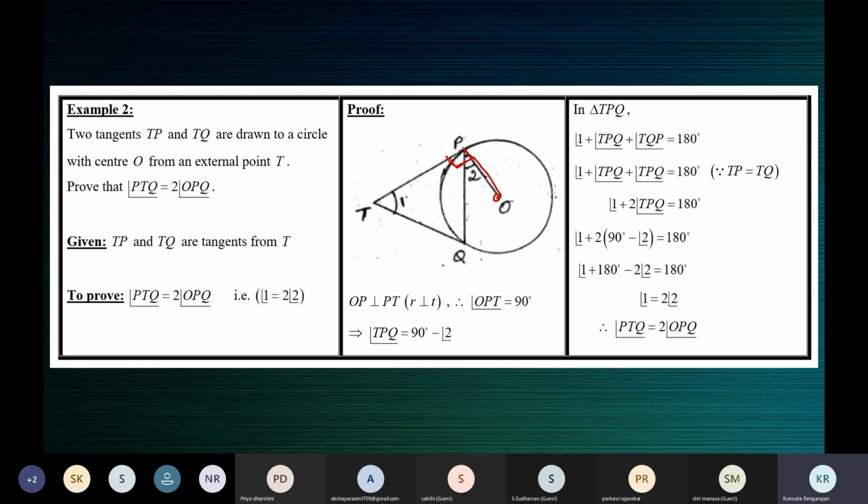This is the radius, this is the tangent, and angle 2 is here. So what is 90 degrees minus angle 2? It is this angle.